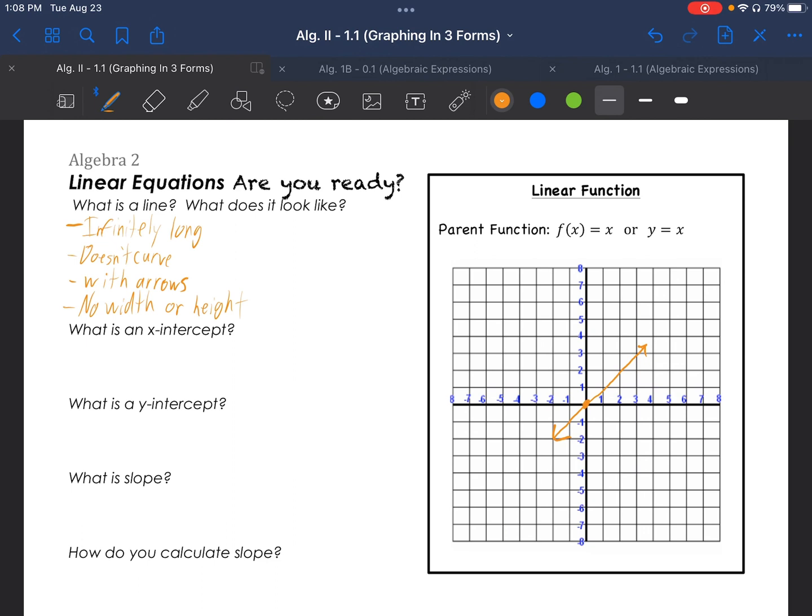An x-intercept is where it crosses the x-axis. So in this case, it crosses the x-axis right there at the origin. So it's where the graph line crosses the x-axis.